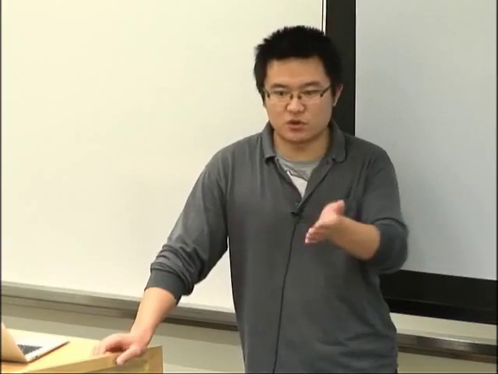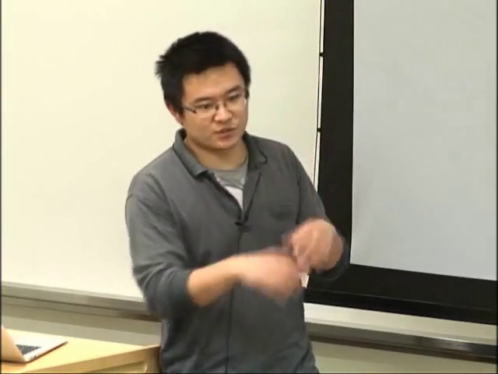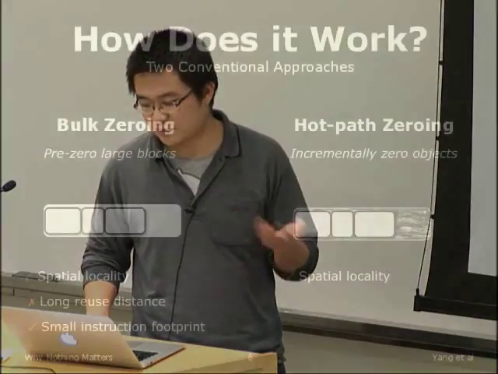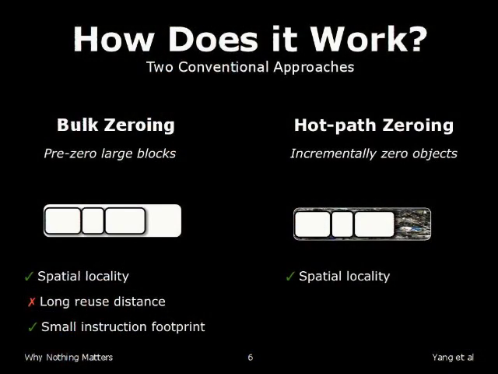For hot path zeroing, because the nursery space is sequential, and your Java program is likely to allocate a large number of small objects quite fast, because the language encourages you to do that, it still has good spatial locality.